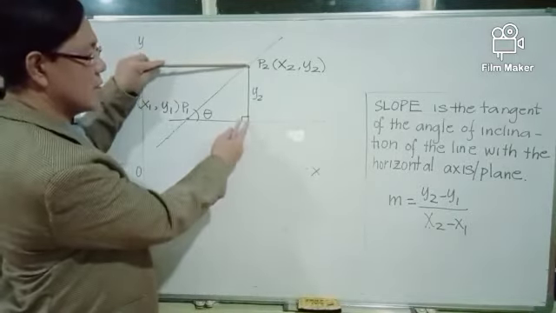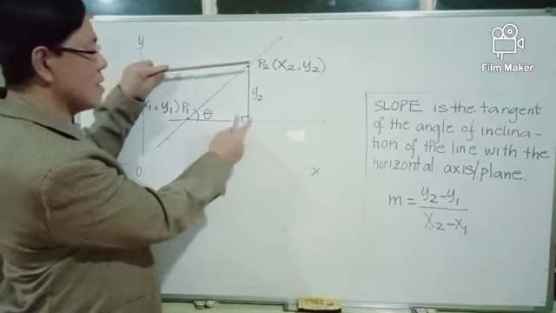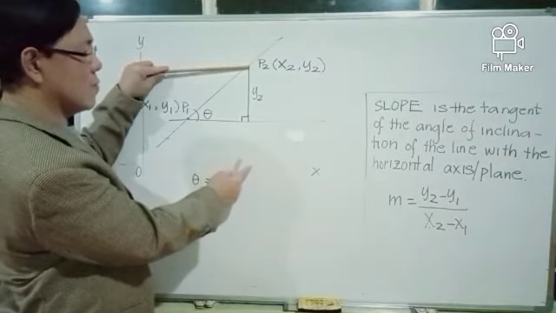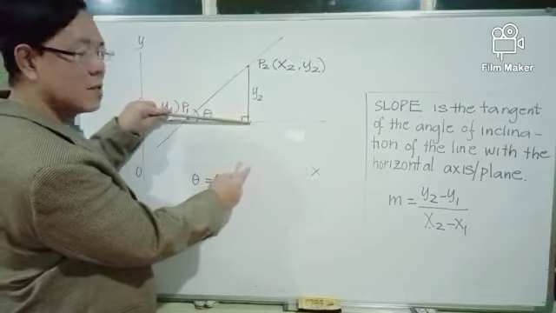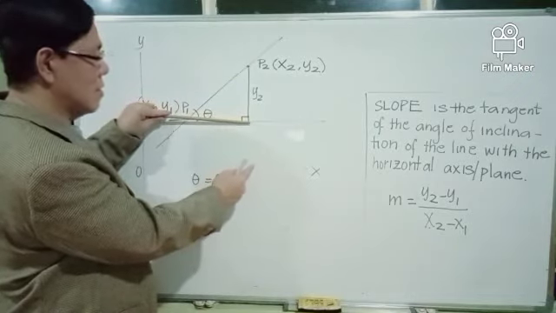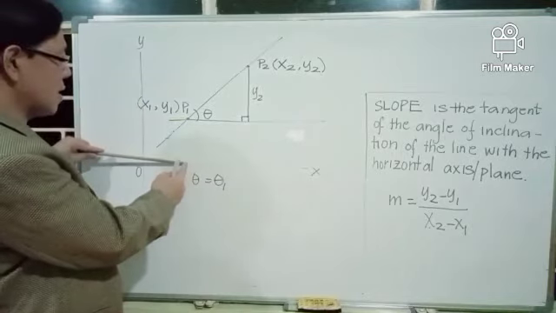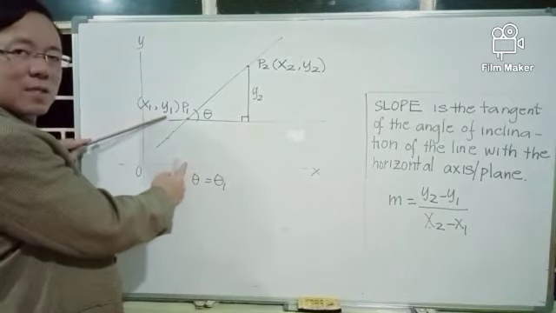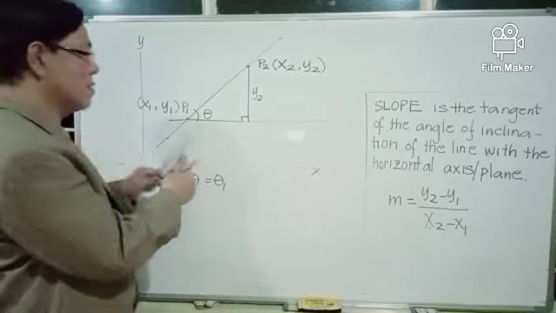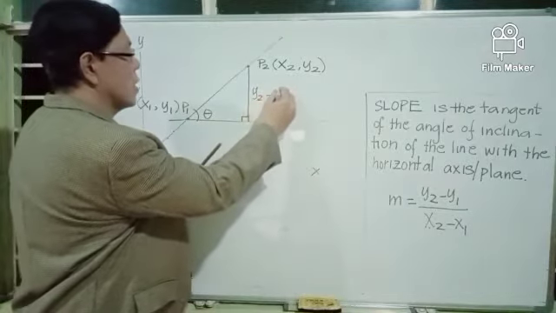So the length of this side opposite the angle theta is equal to y2 minus this length, which is the distance of the point P1 from the x-axis, and is given by y1, minus y1.